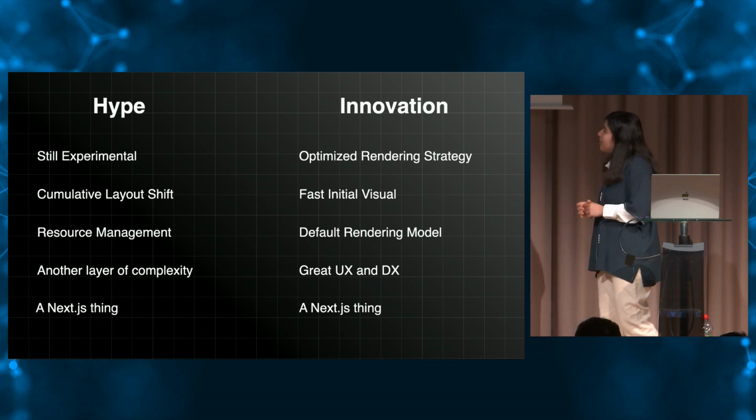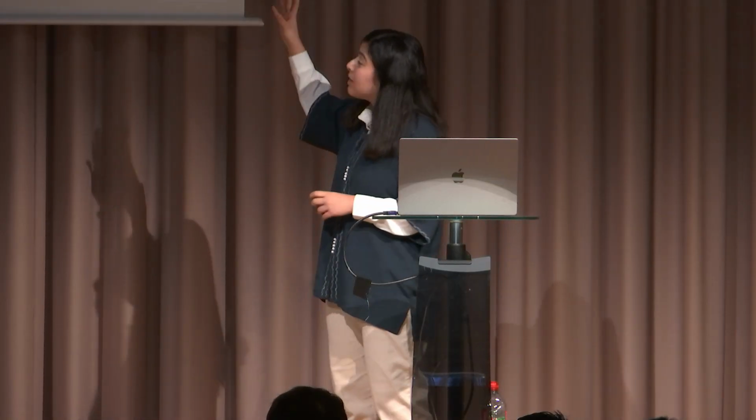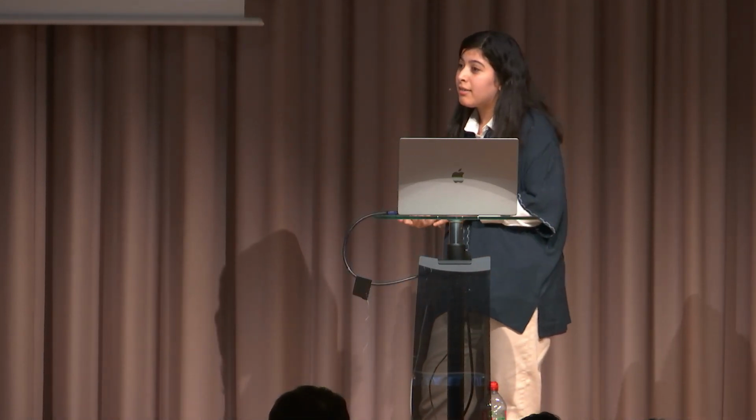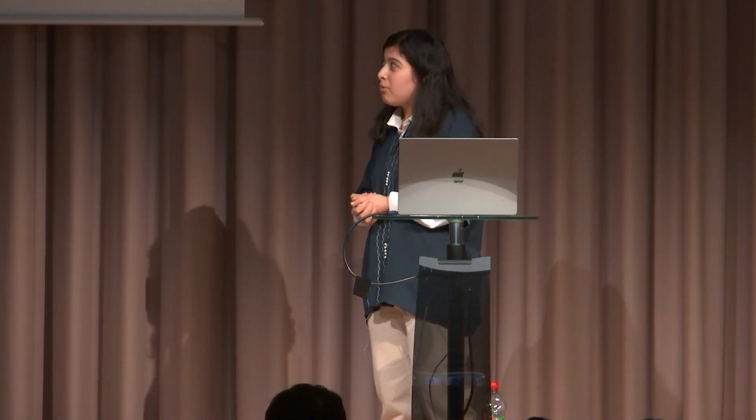So I'm pretty optimistic that if this rendering model proves to the community that it's fully working and optimized for the different rendering strategies, maybe we can see a collaboration with the React team to bring it to React, and also maybe we will see it in the future in other React frameworks.